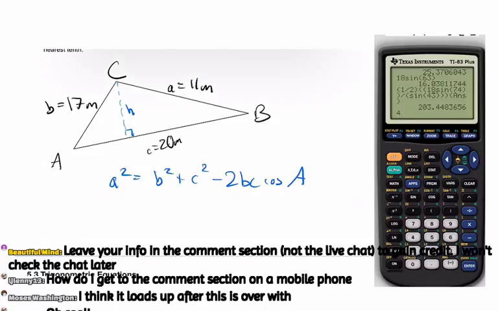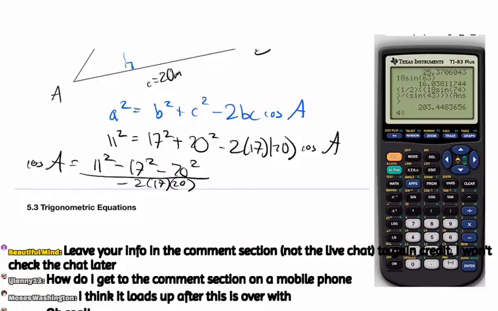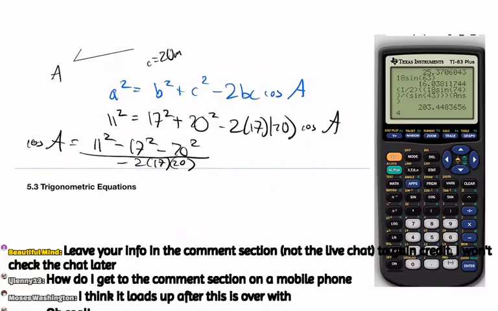Now side A is 11 squared, B is 17 squared, C is 20 squared minus 2 times 17 times 20 times the cosine of angle A. So then the cosine of angle A is going to be 11 squared minus 17 squared minus 20 squared divided by negative 2 times 17 times 20. Okay, I know it's going off the screen. And then we take the inverse cosine of that.